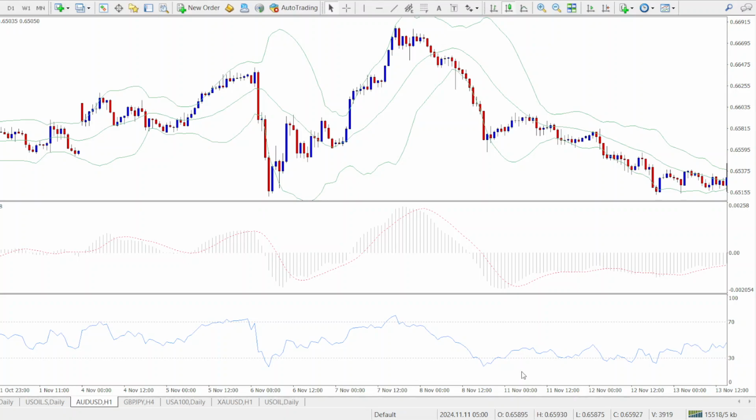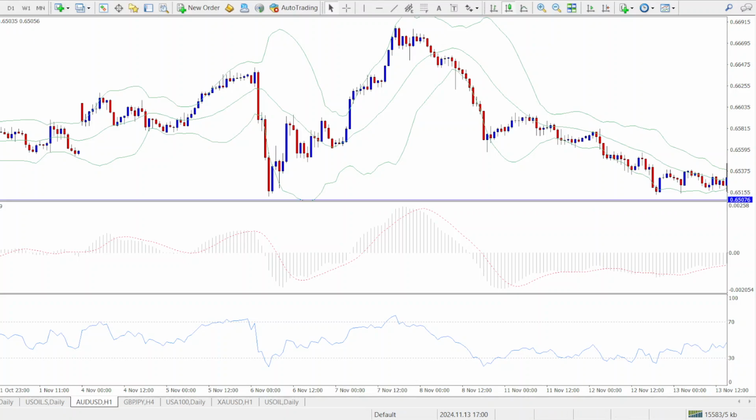The RSI ranges from 0 to 100, with levels above 70 indicating overbought conditions and levels below 30 indicating oversold conditions. What makes the RSI so useful is that it can confirm signals from other indicators, helping you avoid false entries or exits.